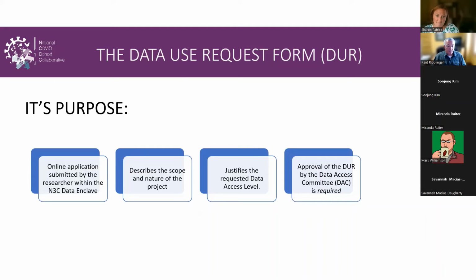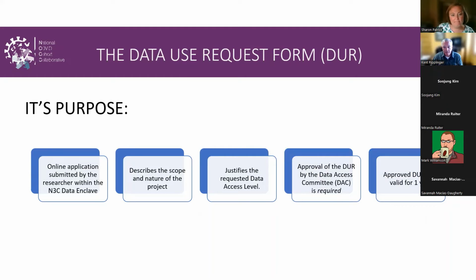Once you complete the DUR within the Enclave, it goes to a data access committee. They review it, and this approval is required before you can be added to somebody's project in the N3C. The DURs are valid for 1 year, but they make it fairly quick and easy to renew.